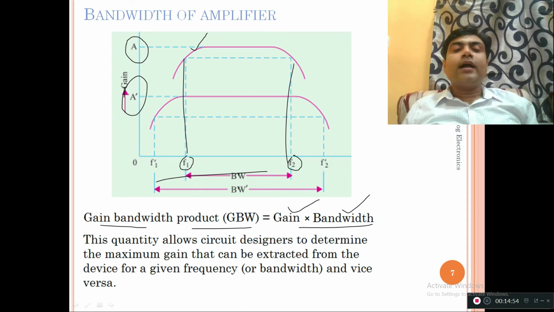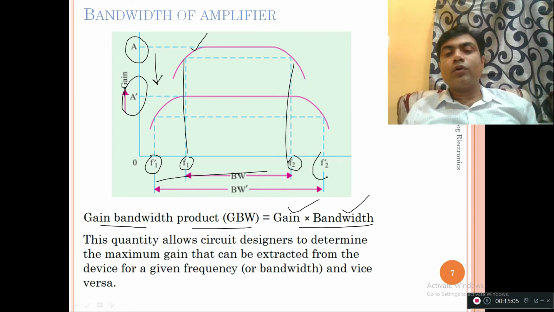And if we decrease the value of the gain, the frequency band shifts from f1 to f1 dash on the left hand side, and from f2 to f2 dash on the right hand side. Now, where does this analysis come from?